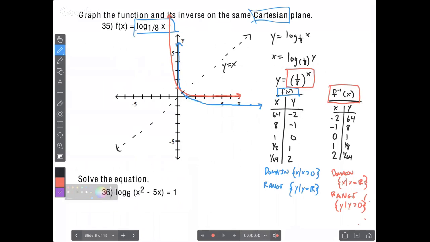Things worthy of note here is there's a horizontal asymptote there on the inverse function at y equals 0, and there's also a vertical asymptote there on the original blue function at x equals 0.